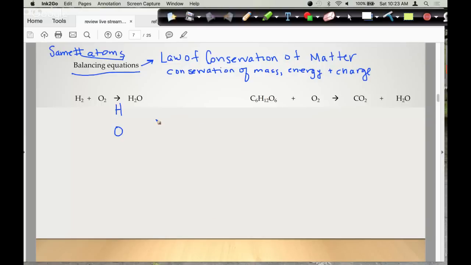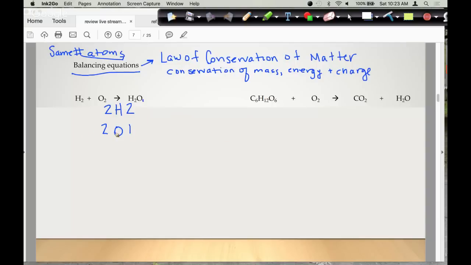So I'm going to inspect and see how many atoms of each kind are on each side. Here I have H2, so that means there are 2 moles of atoms of H in the reactants. Here I have H2, so there are 2 moles of atoms of H in the products. O2 means 2 moles of atoms of O. O with an understood subscript of 1 means there's 1 on this side.